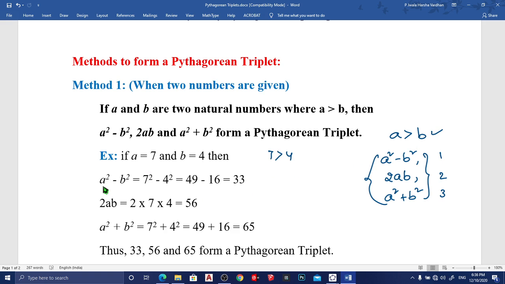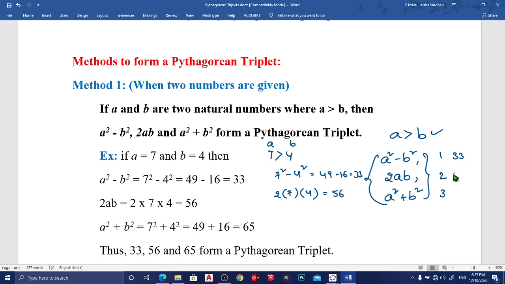Next, a square minus b square. This is a, this is b. So 7 square minus 4 square is 49 minus 16, which is 33. This is the first number of the triplet. Next, take the second formula, 2ab: 2 times 7 times 4. 2 sevens are 14, and 14 fours are 56.